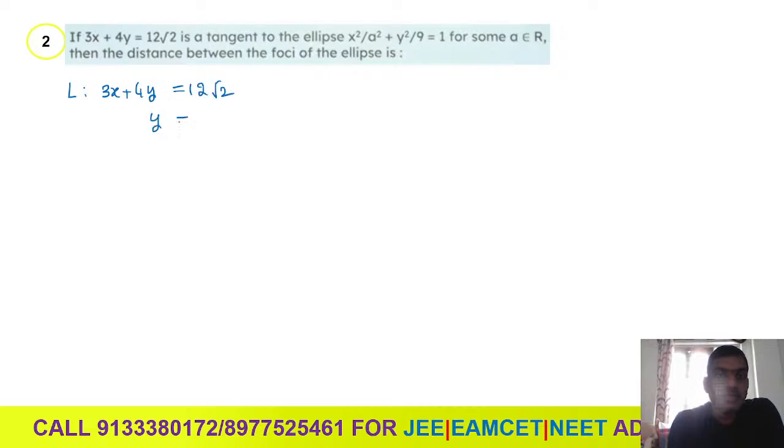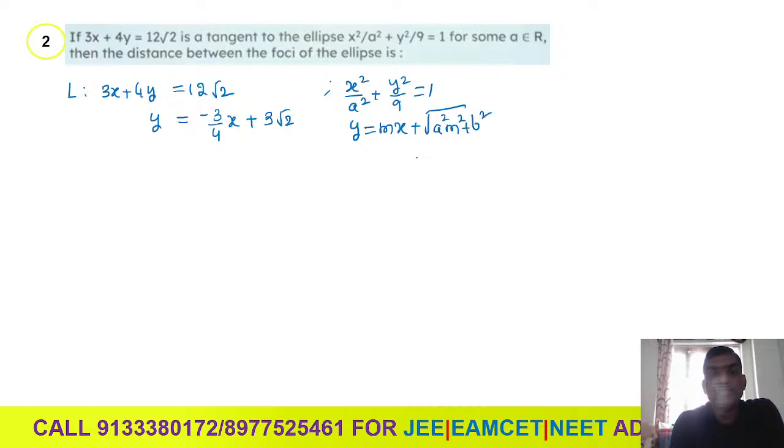It is nothing but y equals negative 3 over 4 times x plus 3 times the square root of 2. And the given ellipse is x square over a square plus y square over 9 equal to 1. For this ellipse, y equals mx plus square root of a square m square plus b square is the tangent line.